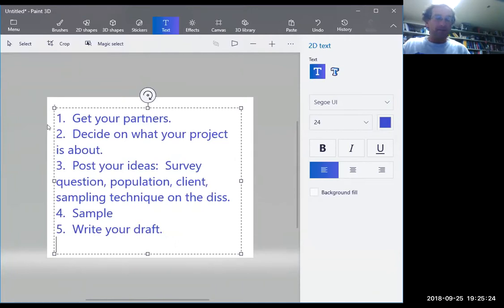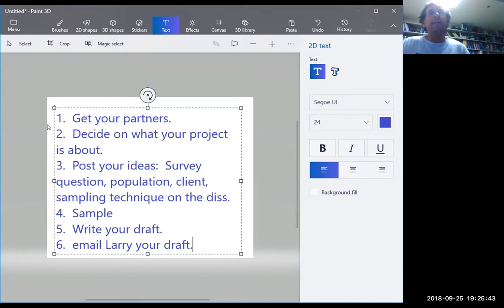Step 6, email me your draft. It's a big class, okay? We have a lot of people in this class, so the earlier you email me, the better chance you have that I'm going to be able to get it back to you so that you can actually read about it.